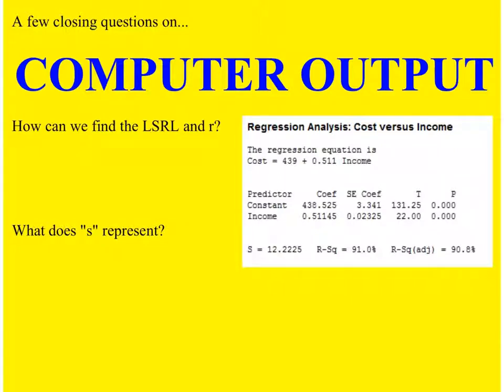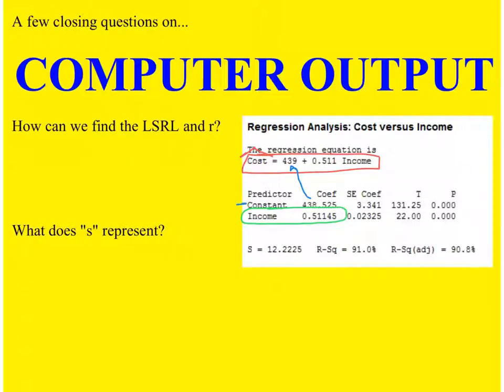And finally, computer output. Now I found some computer output here that actually included the equation already. Of course, this should be cost hat, but it's a cost versus income. It gave me a chance to point out the y-intercept. This comes from the constant line, and the explanatory variable is always listed right next to the slope.